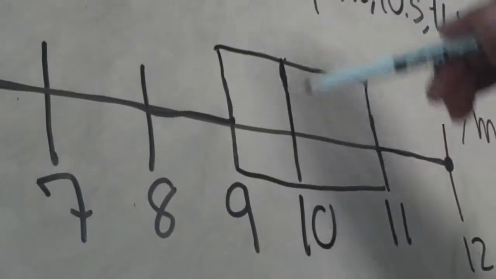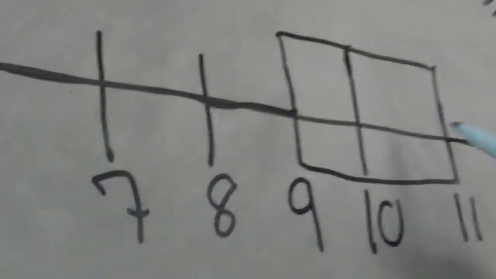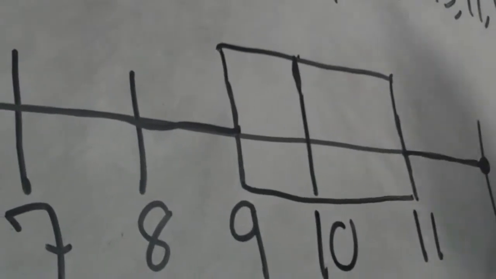You set the box right where the first quartile is, which is 9. The median is 10. You set a line right there to notify that it is. The third quartile is 11, and so we end the box right there.